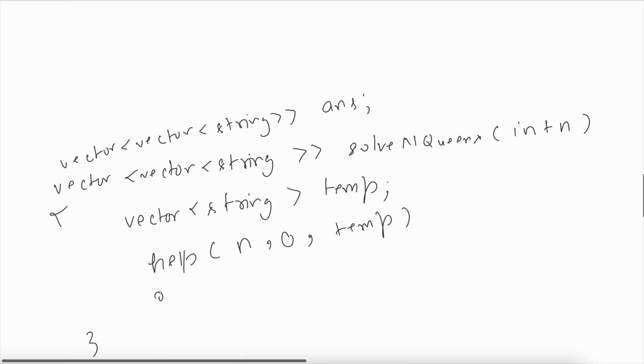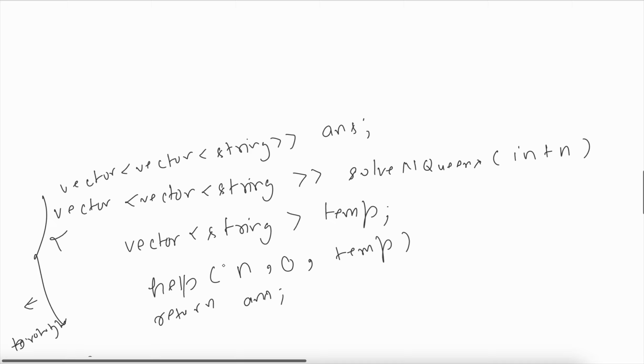We will return this answer here. So this is a template or prototype. Just forget about this, we need to implement this function only. This function is making a promise that you will fill all the nth positions with the n queens, and you will return the answer. Now we will implement this help function.